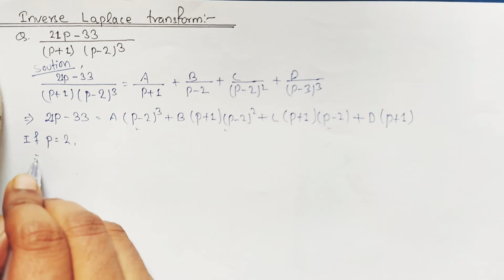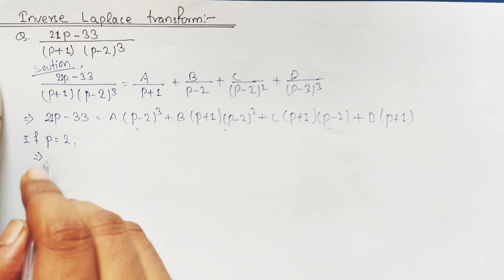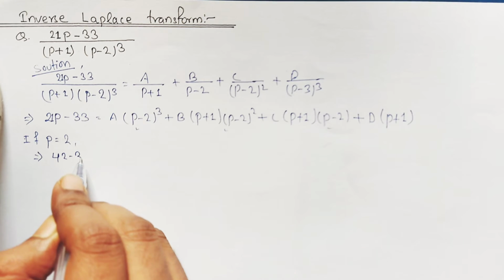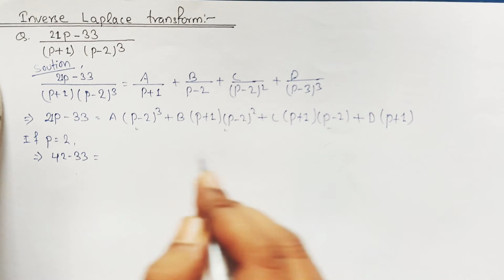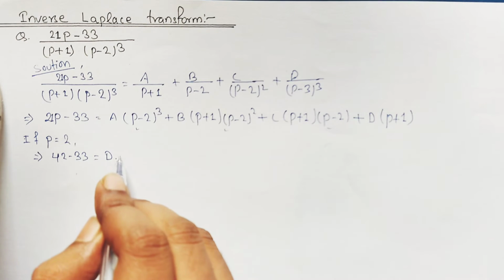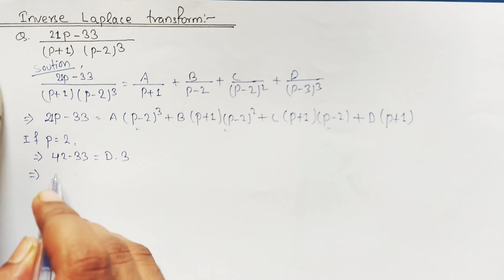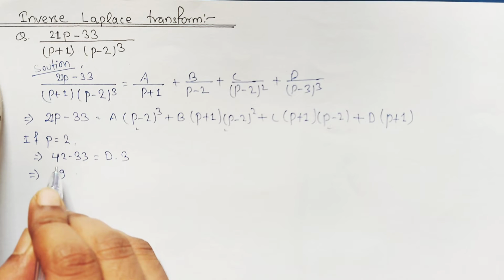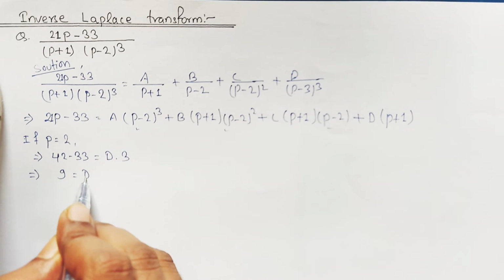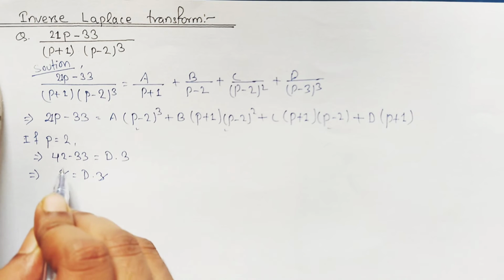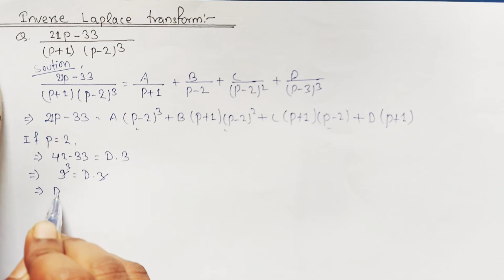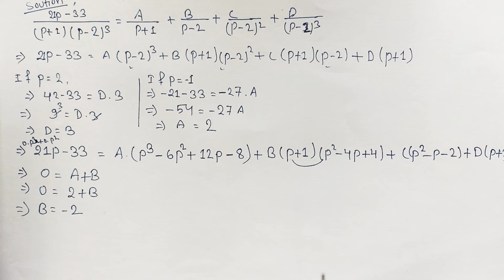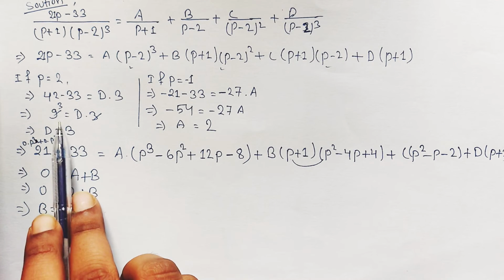So on LHS we will have 21 times 2 means 42 minus 33 equals d times 2 plus 1 is 3. On subtracting we will have 9 equals d times 3. So 3 times 3 is 9. So d equals 3. So we have calculated the value of d equals 3.